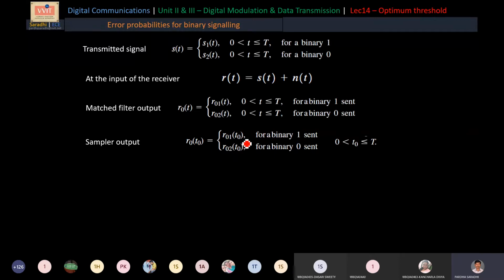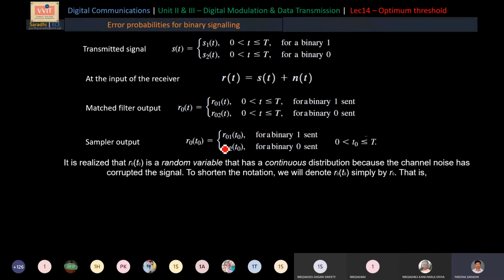And after sampling, this is what we will be having for bit 1 and bit 0. Now, this sampled version is representing some numbers whose values will be taken at random. We can denote this R0 of T0 by dropping the T0 notation, simply by R0.